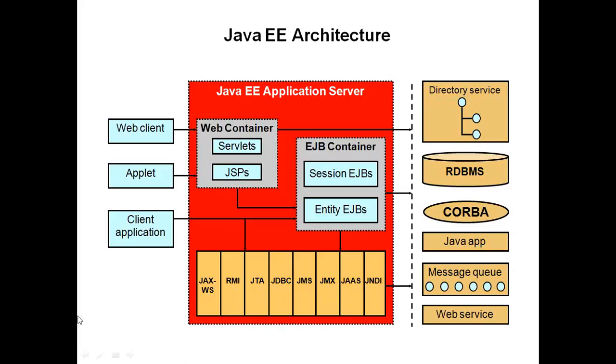Then you have JTA, Java transactions. Java transactions exclusively work with interaction with other resources for the transactional level. RMI, remote method invocations. It also has the capability to interact with other Java applications running on other destination sites.